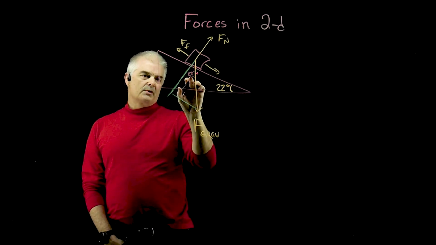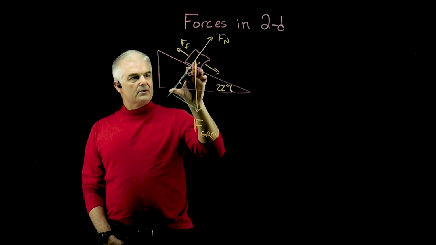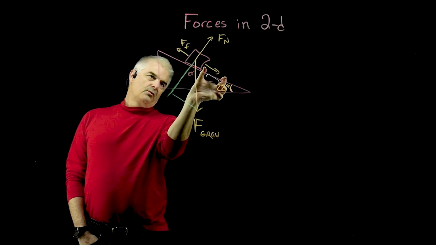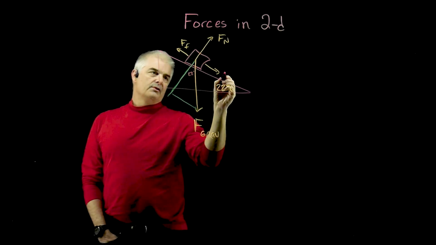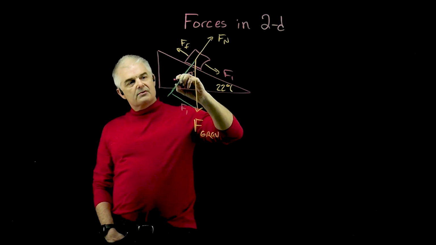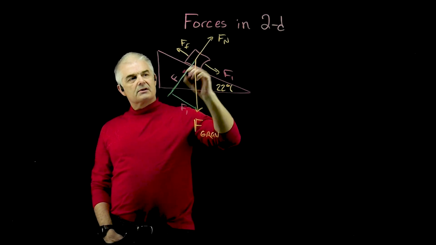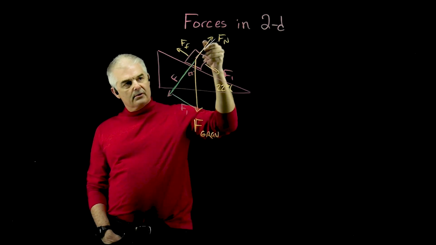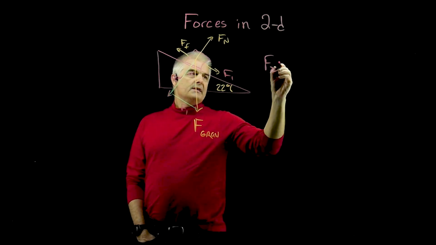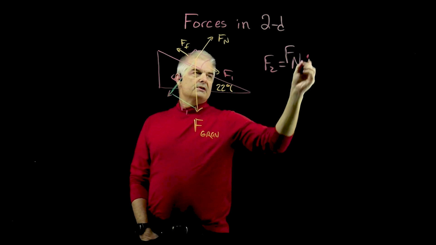Then the normal force is this line, and the force going downward along the ramp, this force right here, let's call this F1. This is F2, but F2 is equal to the normal force, Fn.